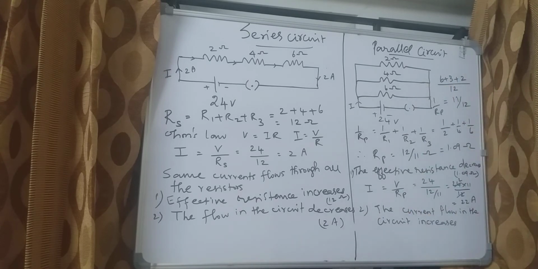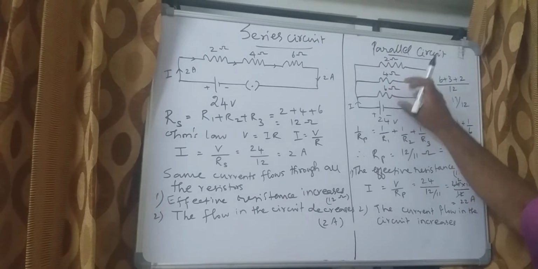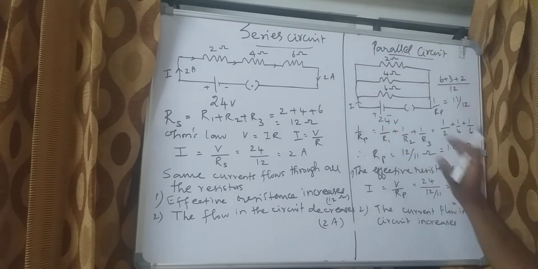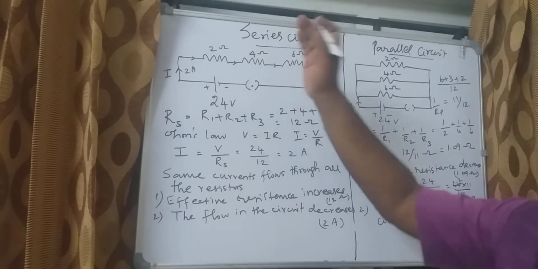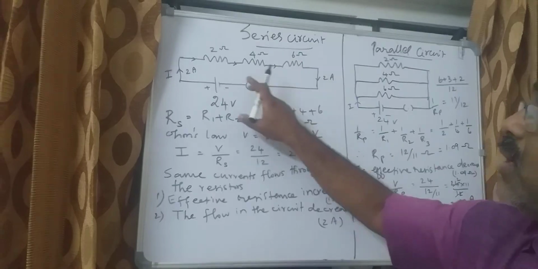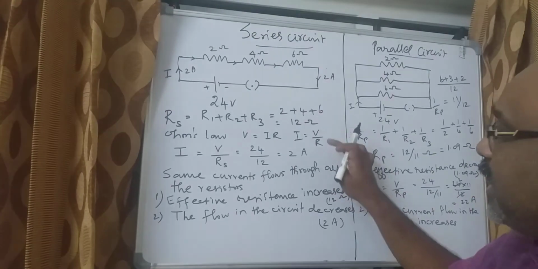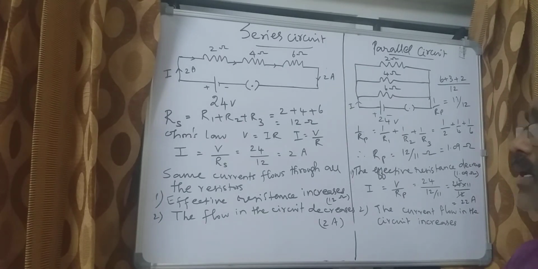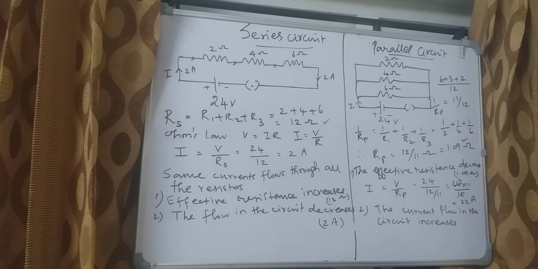In parallel circuit, the effective resistance or the total resistance for the whole circuit reduces, whereas in the series circuit, the effective resistance or the total resistance for the circuit increases. Here effective resistance increases, here effective resistance decreases.